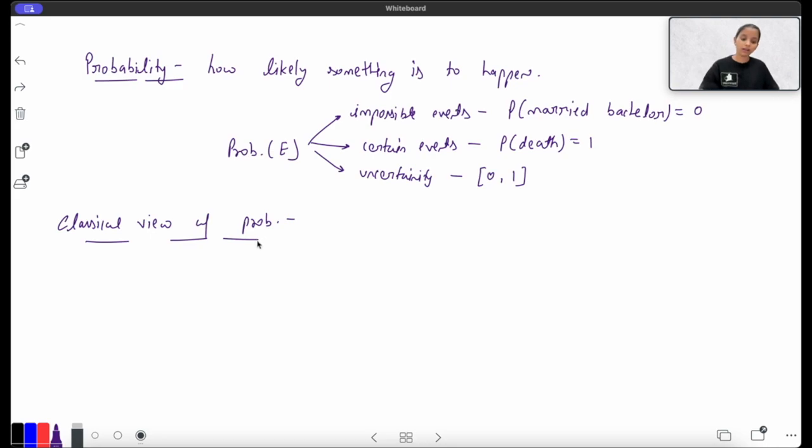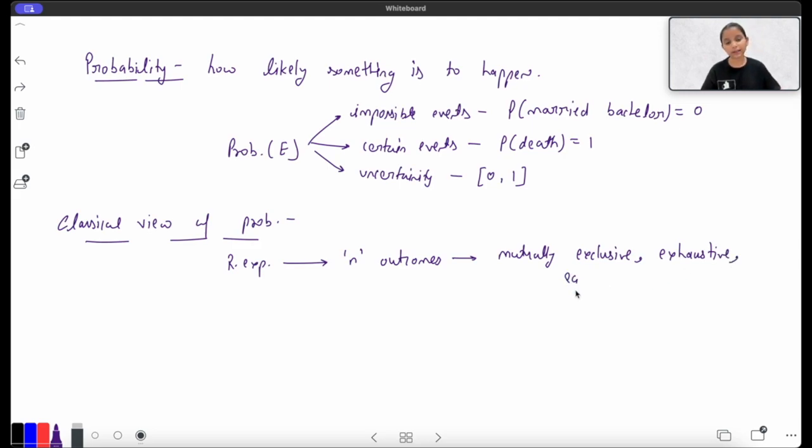In this classical view, we say that if a random experiment is performed and this random experiment has a total of n outcomes, and these outcomes are mutually exclusive, exhaustive, and equally likely.